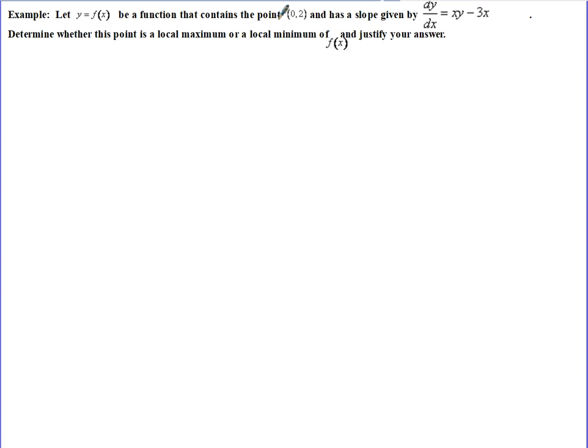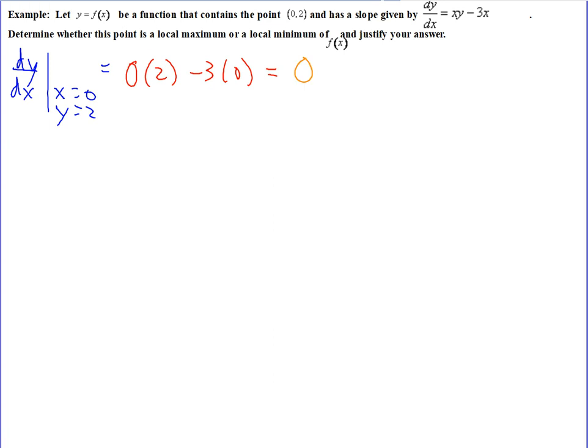So let's substitute in this point (0, 2) for x and y and see what we get. If we substitute in 0 for x and 2 for y, we have 0 times 2 for y, 3 times 0 for x. See, that does give you 0.